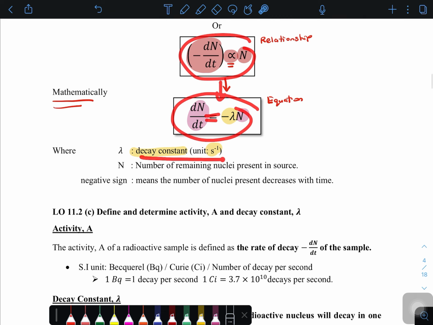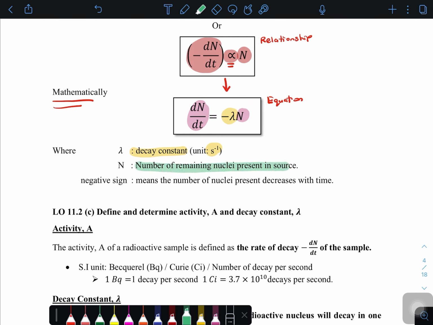Lambda is the decay constant and N is the number of remaining nuclei in the source, meaning the number of nuclei still present. The negative sign is the most important part: it means the number of nuclei present decreases with time. That's why there is a negative sign here; as time goes by, the number of nuclei decreases.